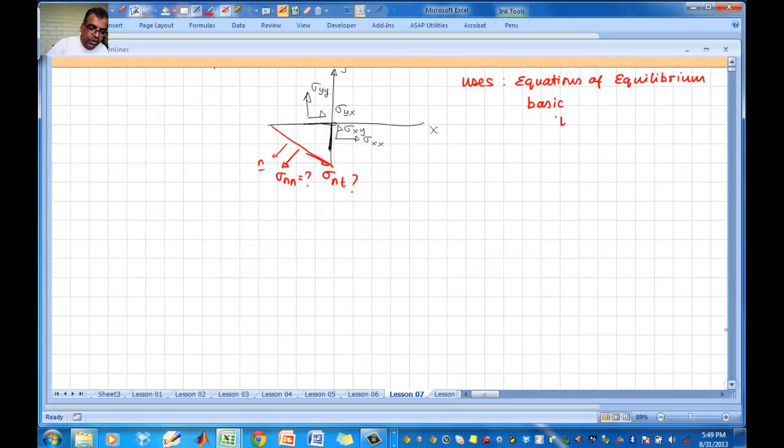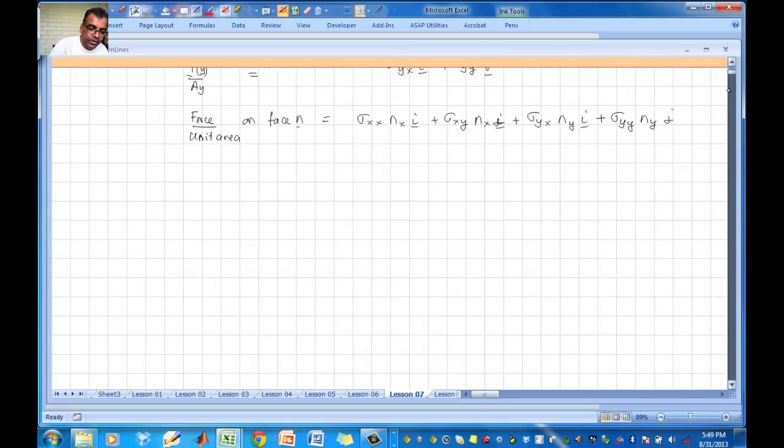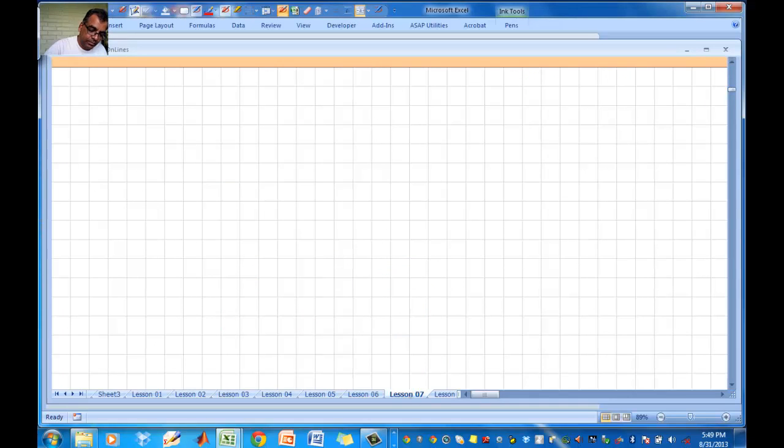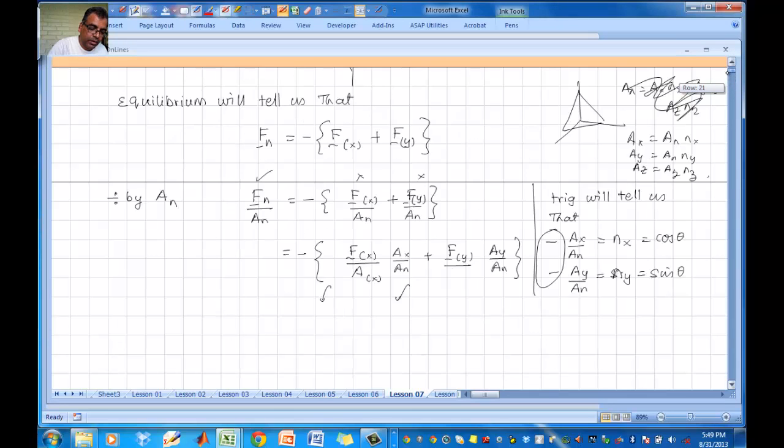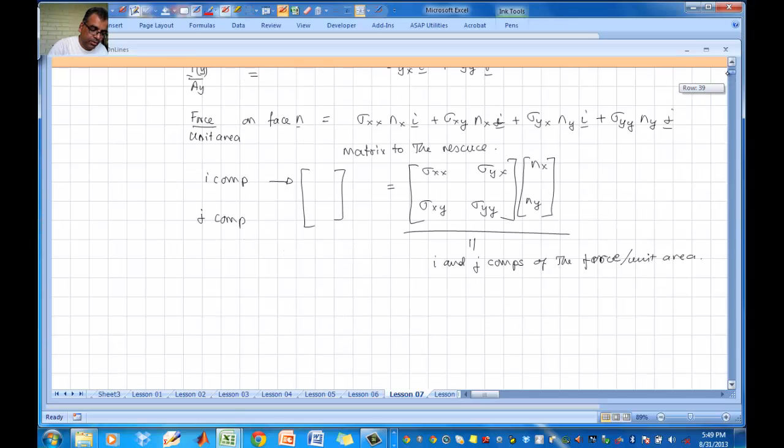So this is actually x and y components. So what we got is sigma nx, sigma ny. Who cares about sigma nx, sigma ny? I want sigma nn, sigma nt. So how am I going to get that?